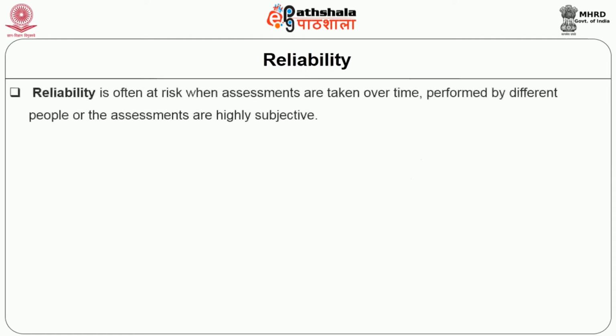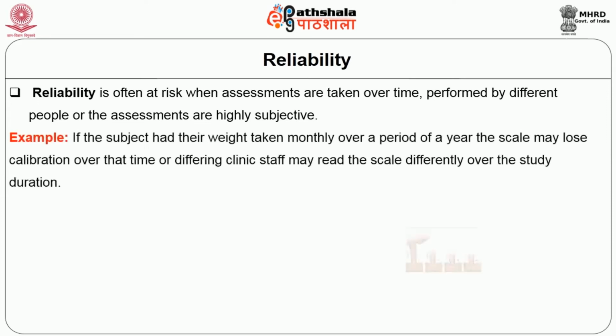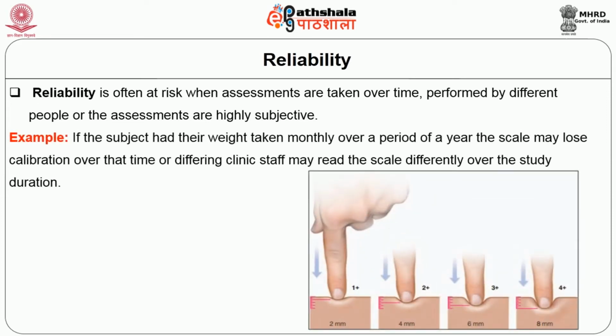Reliability. Reliability is often at risk when assessments are taken over time, performed by different people, or the assessments are highly subjective. In the weight example, if the subject had their weight taken monthly over a period of a year, the scale may lose calibration over that time, or differing clinic staff may read the scale differently over the study duration.